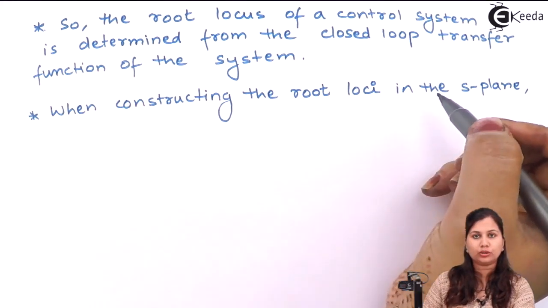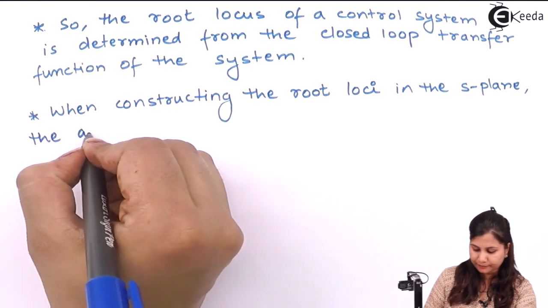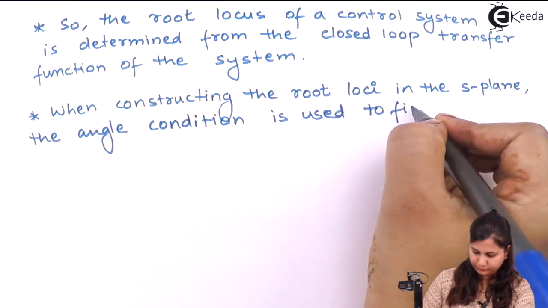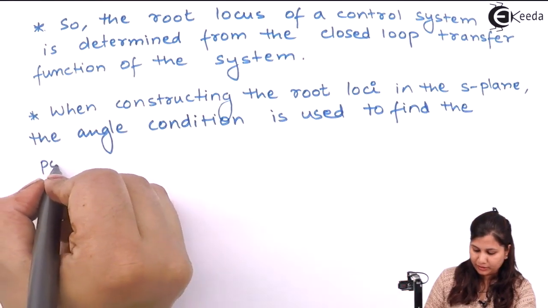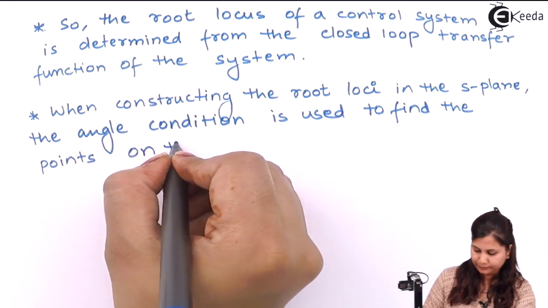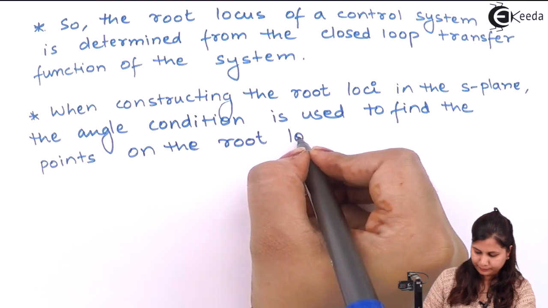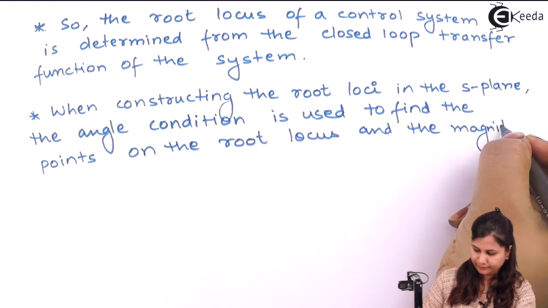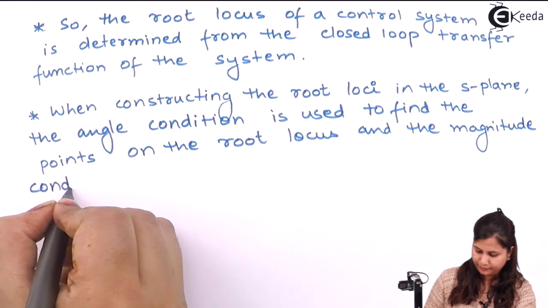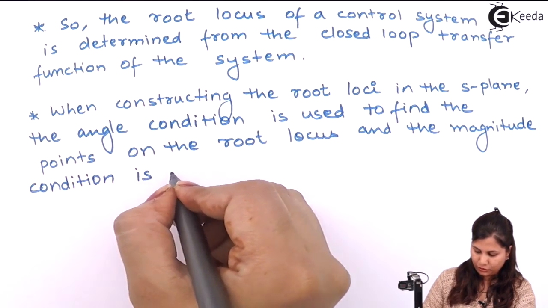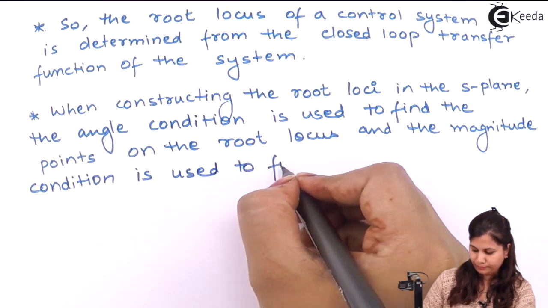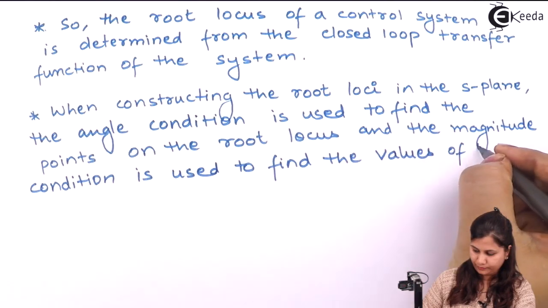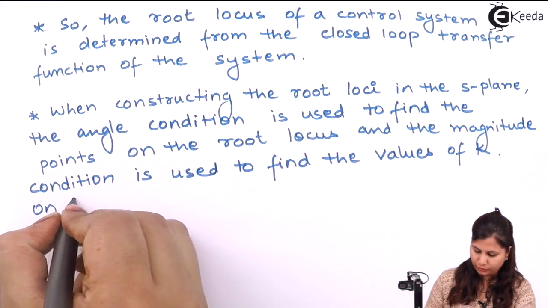So when we are constructing the root locus in the s-plane, the angle condition is used to find the points on the root locus, and the magnitude condition is used to find the values of k on the root locus.